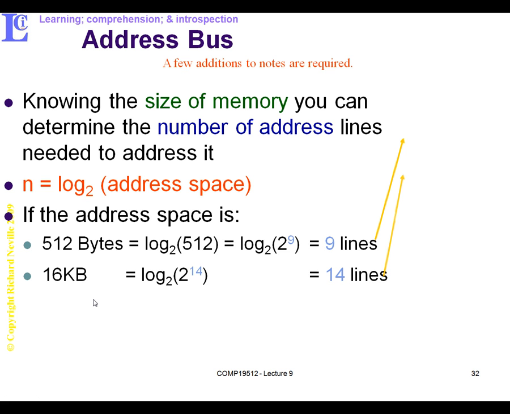So let's look at another example. If we've got 16 million bytes, then that's log to the base 2, 2 to the 24 gives us 16 megs, and that means if we take this power, 16 meg has 24 lines to address that number of different memory locations.